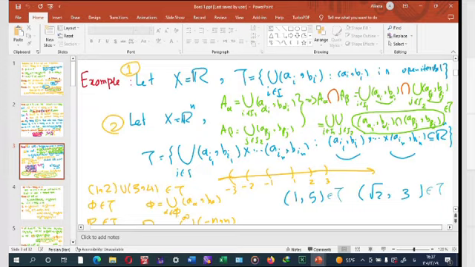For example, if we consider two elements in tau such as A alpha and A beta, where A alpha is this union of open intervals and A beta equals this union of open intervals, then A alpha intersect A beta equals this intersection. I write these two, and the intersection of these two sets equals this union.